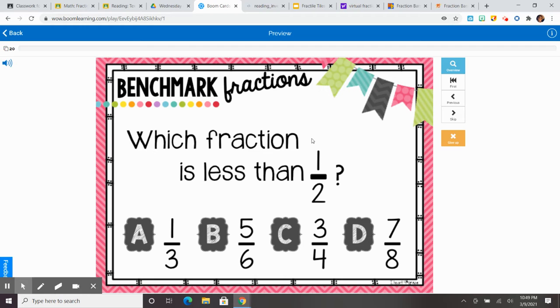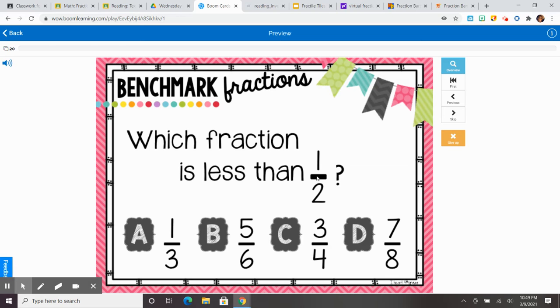In order to compare, when we think about 1/2, we look at the bottom numbers. Obviously the third is prime, so we're going to skip that one for right now. But this one is divided into 6. So which fraction that has a denominator of 6 is equivalent to 1/2?